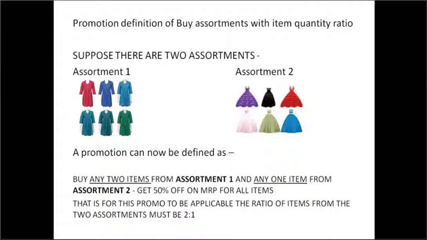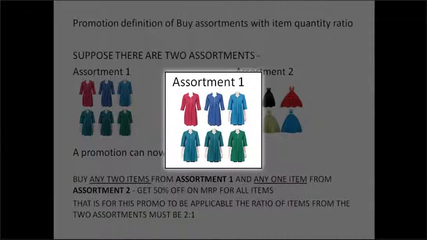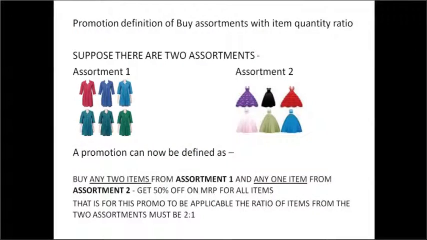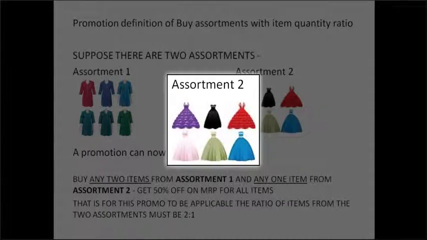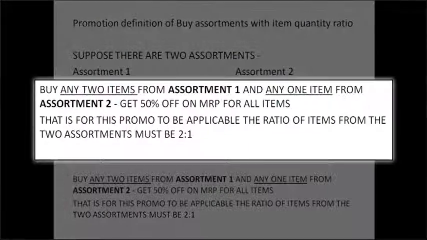Suppose there are two assortments again, assortment 1 of kurtis as we have already said and assortment 2 for dresses. A promotion can now be defined as buy any 2 items from assortment 1 and any 1 item from assortment 2 and get a 50% off on MRP for all items. That is, for this promo to be applicable, the ratio of items from the 2 assortments must be 2:1.